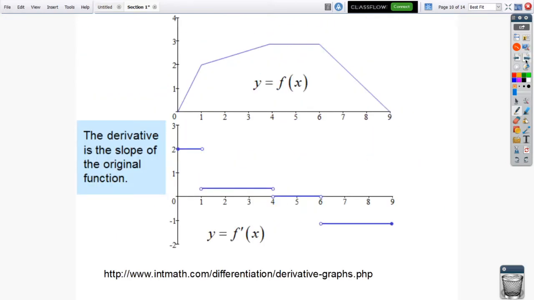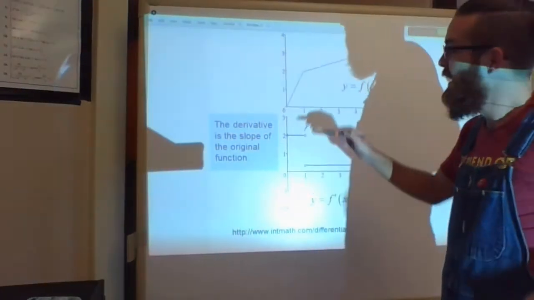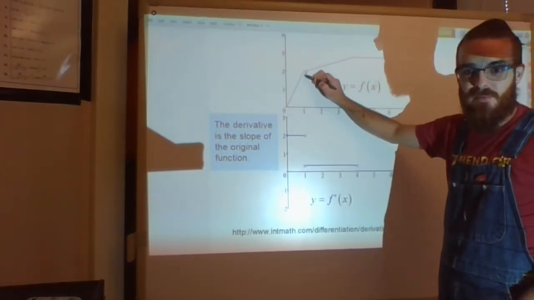Ooh. All right, so again, the derivative is the slope of the original function. You have slope right here, rise is 2, run is 1, so we have a slope of 2. Connecting the graph of the original function to the graph of the derivative: since the slope here is 2, the derivative will have a graph at 2. And the slope is constant because that little piece of the function has a constant slope, right?